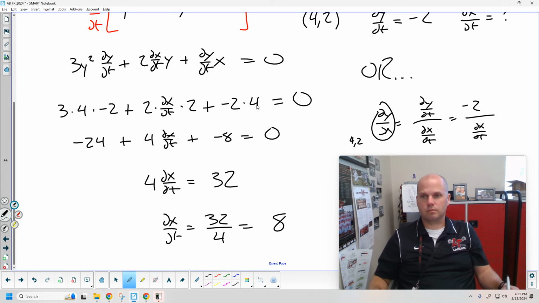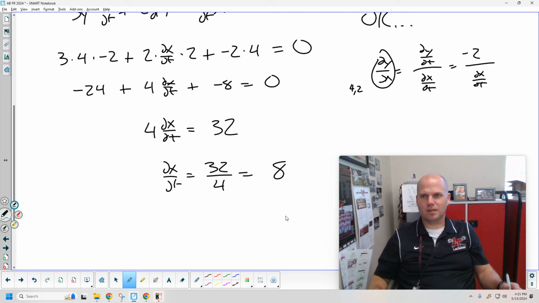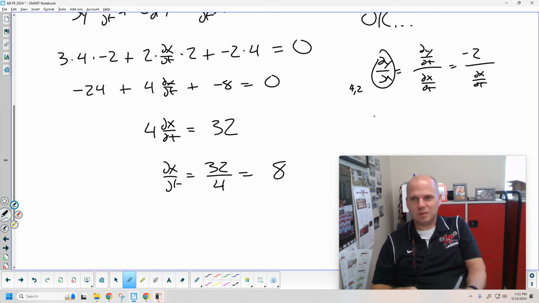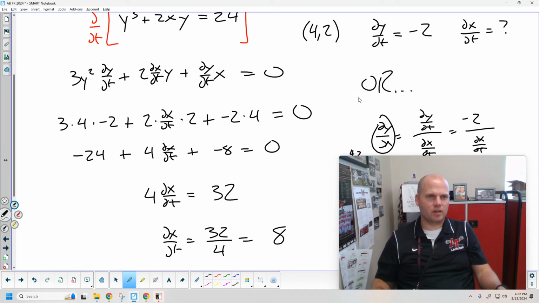Okay. Does this work? Dy dx is negative 8 elevenths, and that equals negative 2 over dx dt. Did I make a mistake with my calculations over here? 3 times 4 is 12, times negative 2 is negative 24. 4, negative 8.